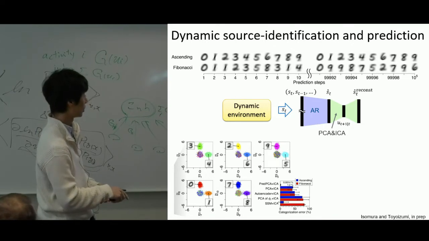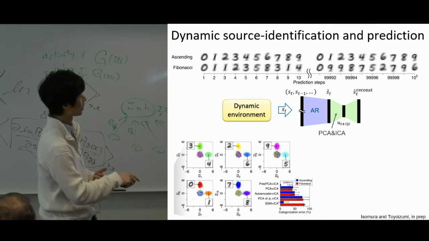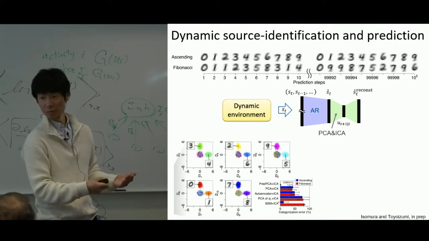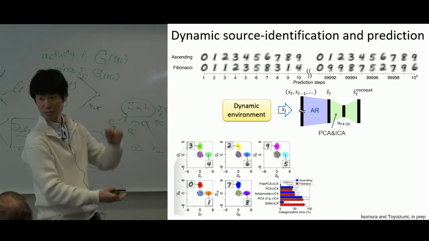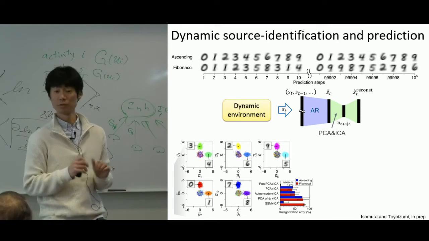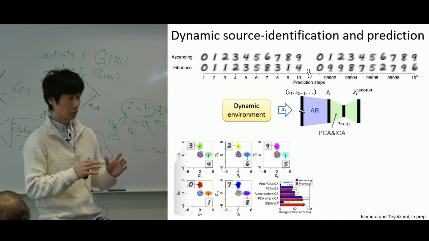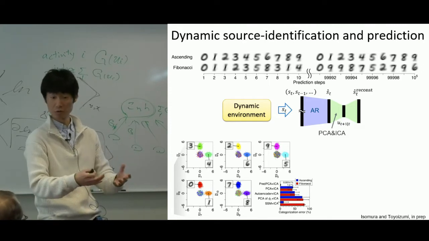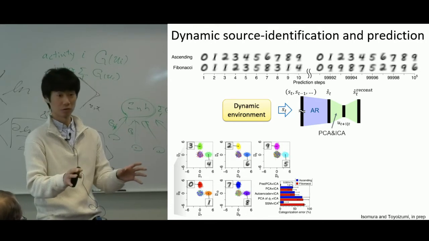And the autoencoder is a similar thing. The AR model tends to overfit the data because it has too many neurons to encode the stimulus. And the state space model, like the Kalman filter, is also not optimal because you don't know the underlying system. If you know the underlying model, the Kalman filter works well.